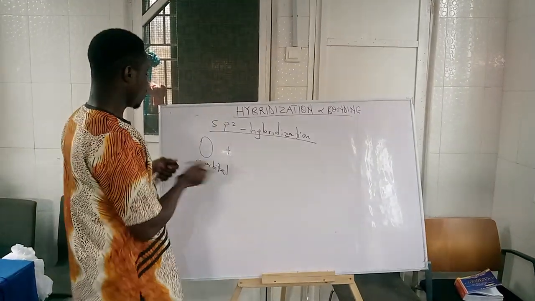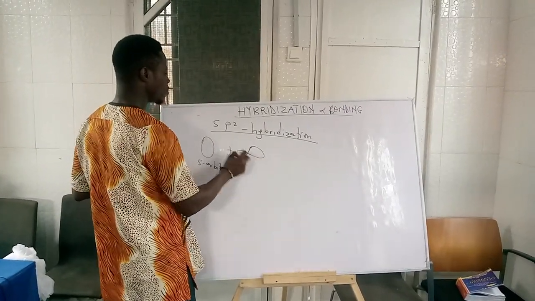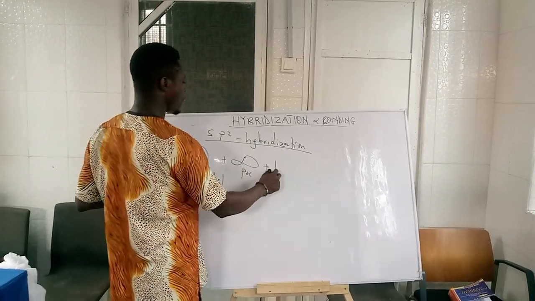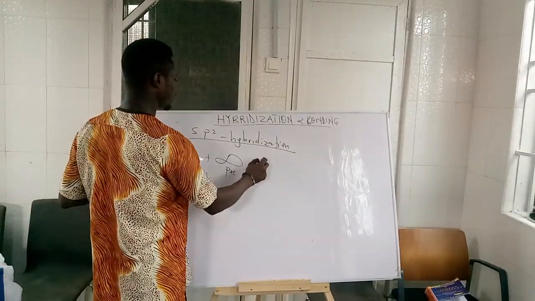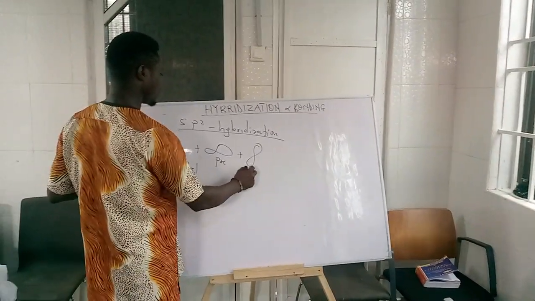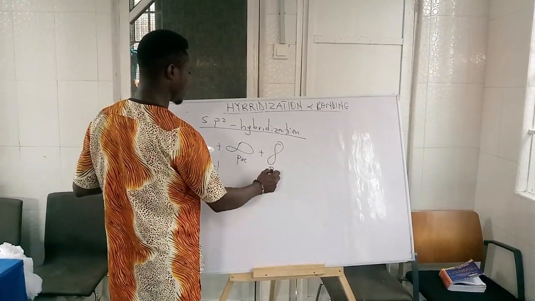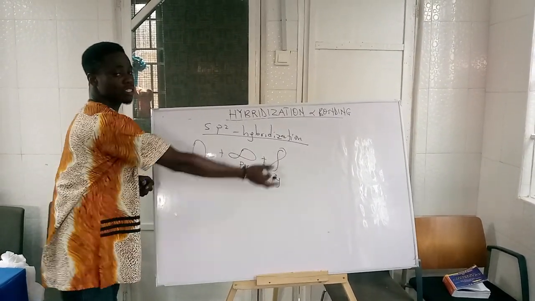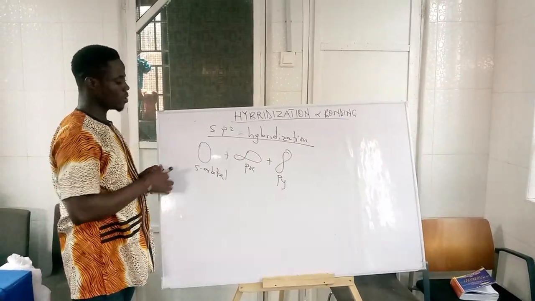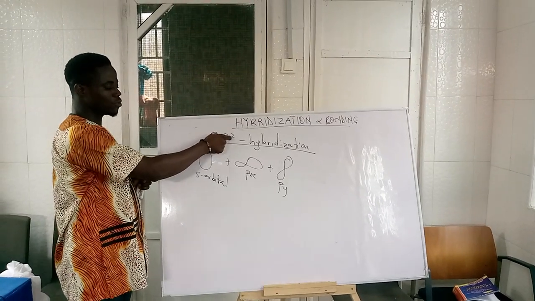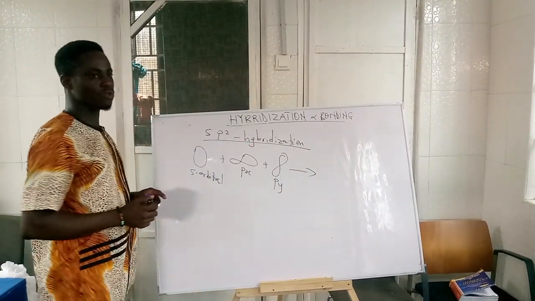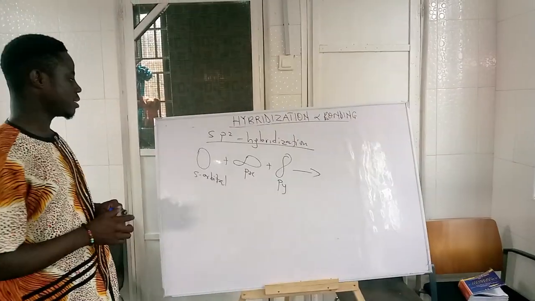Here we are going to mix two of them, px plus py. So this is an s orbital plus two other p orbitals. One s orbital with two p orbitals means we are supposed to form three hybrid orbitals.